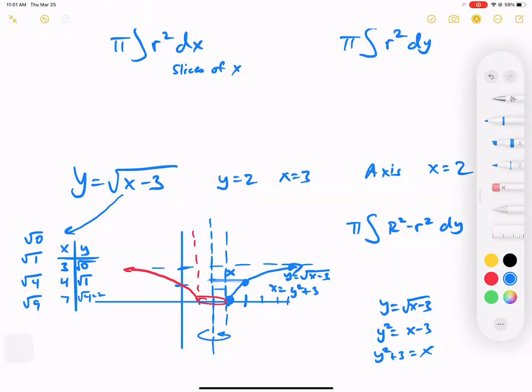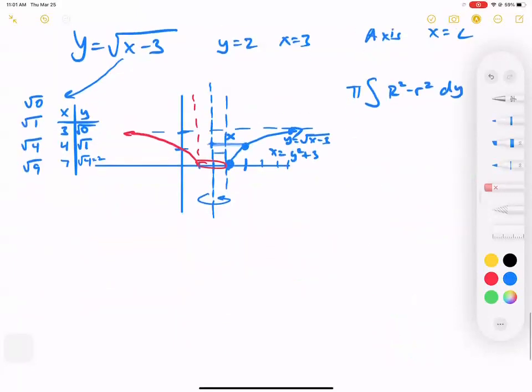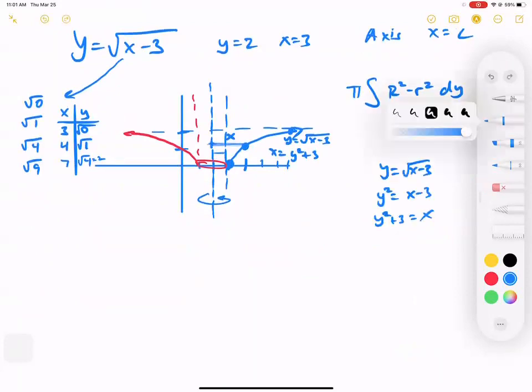So our radius on the right is y squared plus 3. Our boundary on the left is going to be 2. So let's look at our big R. So what's our big R and what's our little r? Our big R is y squared plus 3 minus 2.